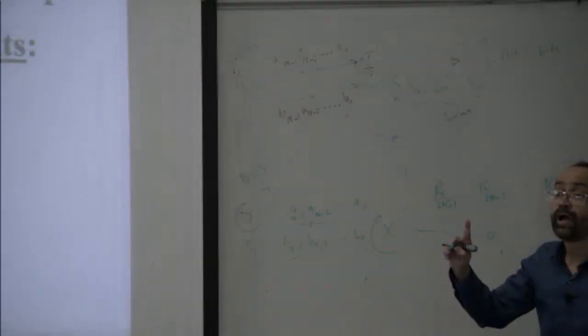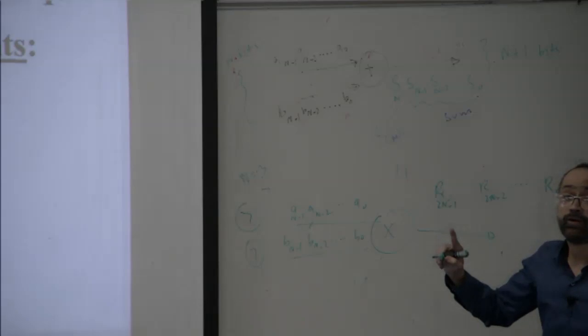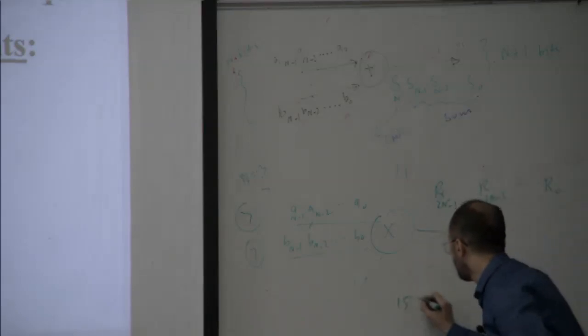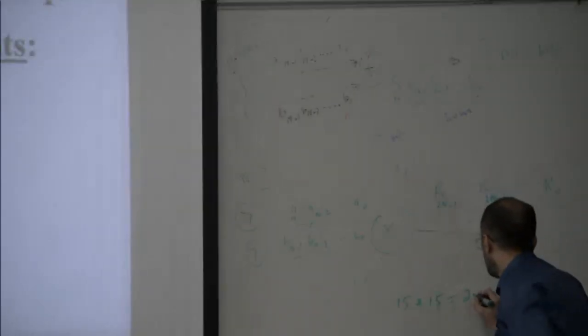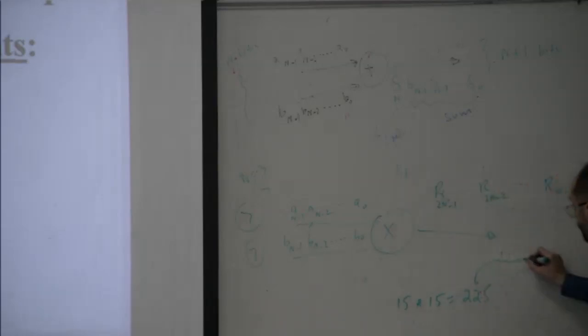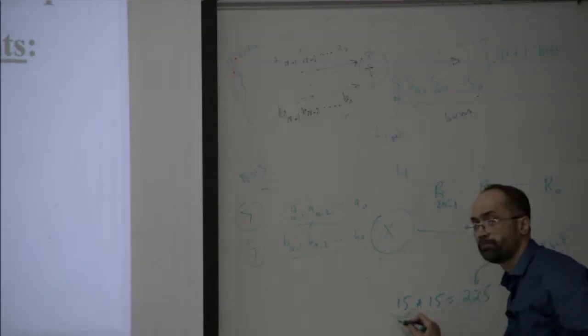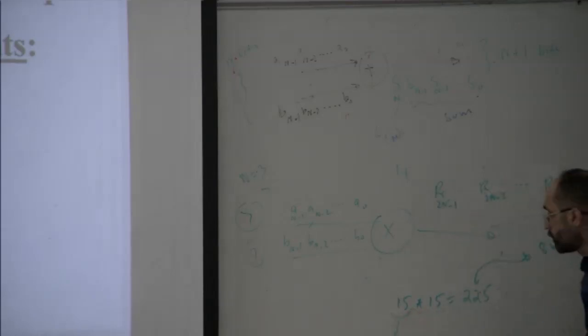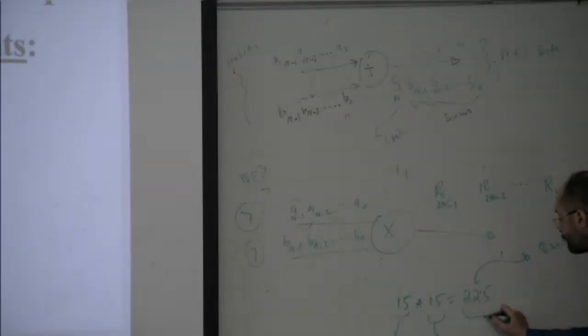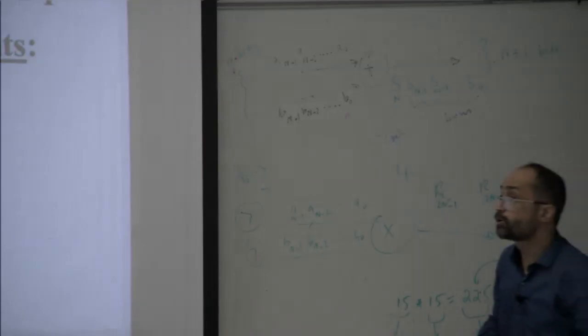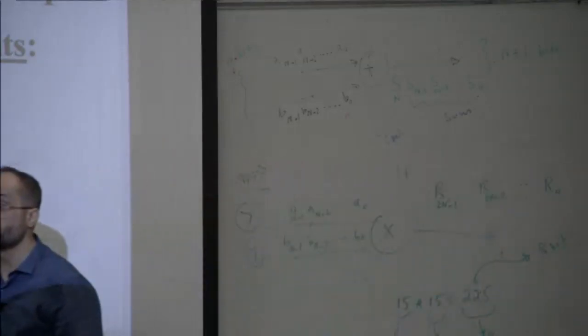The maximum value is 15. 15 multiplied by 15 is 225, and to represent 225 we need 8 bits. So 4 bits times 4 bits gives 8 bits. This is one way to calculate it.